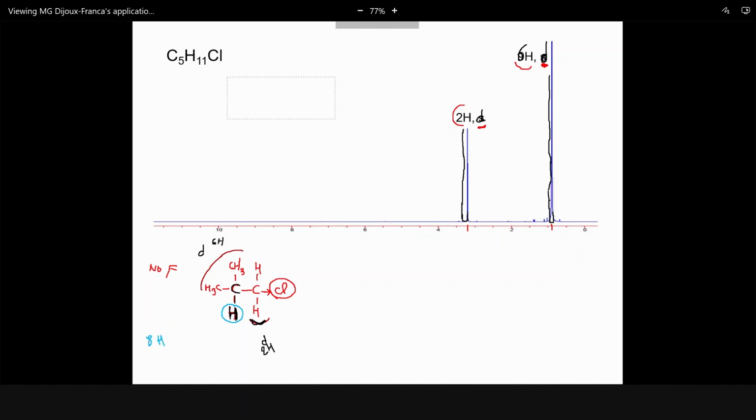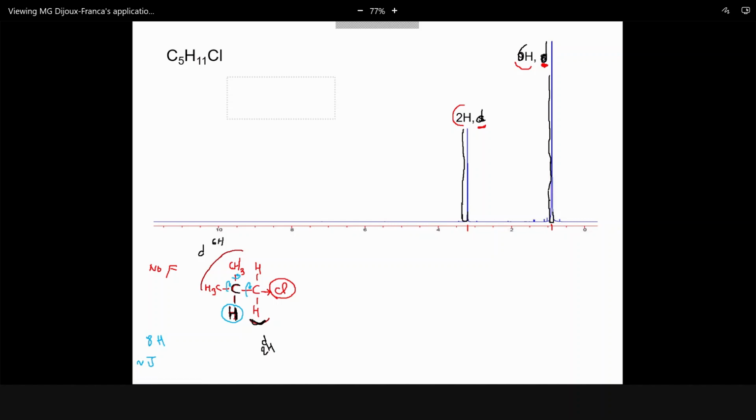We are in an aliphatic molecule. We have free rotation around the bonds, and the distance between each group and the proton is 3 bonds. 1, 2, 3. 1, 2, 3. 1, 2, 3. So we have approximately the same coupling constant between all of them.